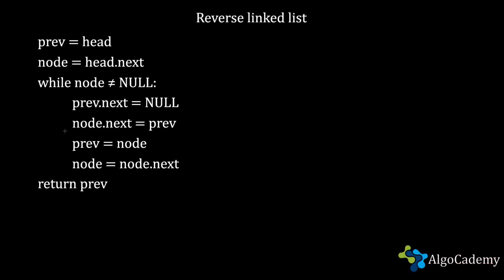And I want to take a look with you again at how we change the links and how we shift prev and node to the right. Let's say at some moment of time, we have two consecutive nodes, right? The first one is prev, and the second one is node. Let's actually see what our code does. So, prev.next equals null.